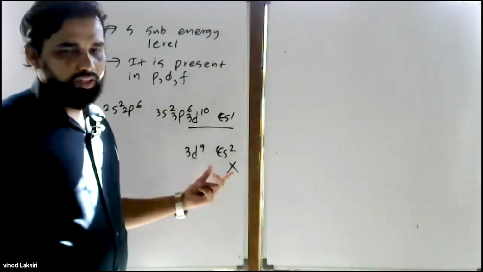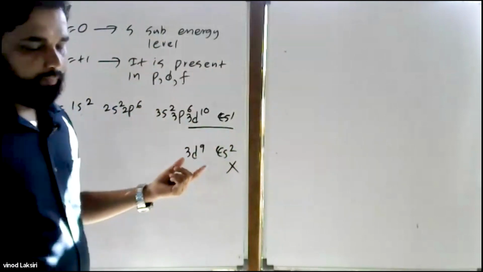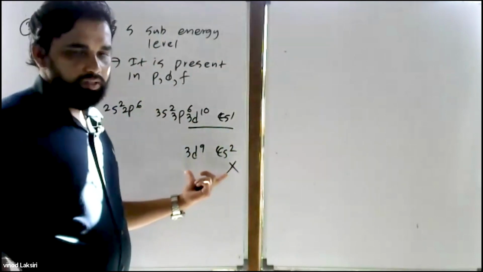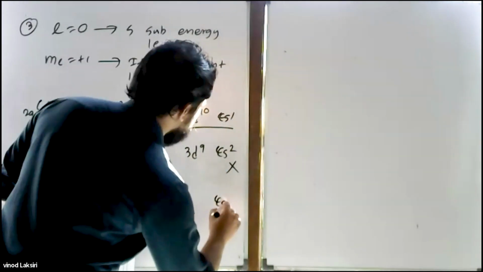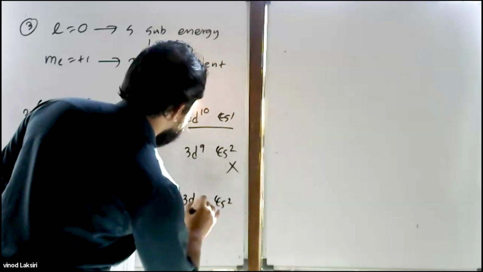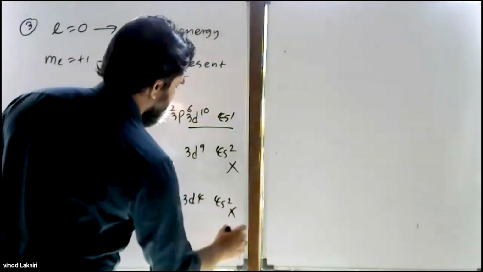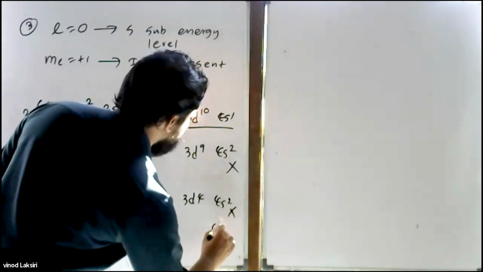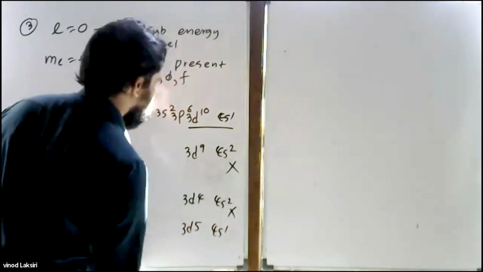What is the other example? There are mainly 2 examples in the syllabus. The other one is chromium. Chromium also, generally when electrons are added, we can write it like this way, but it is incorrect. Chromium is present as 4s1, 3d5, rearranged.